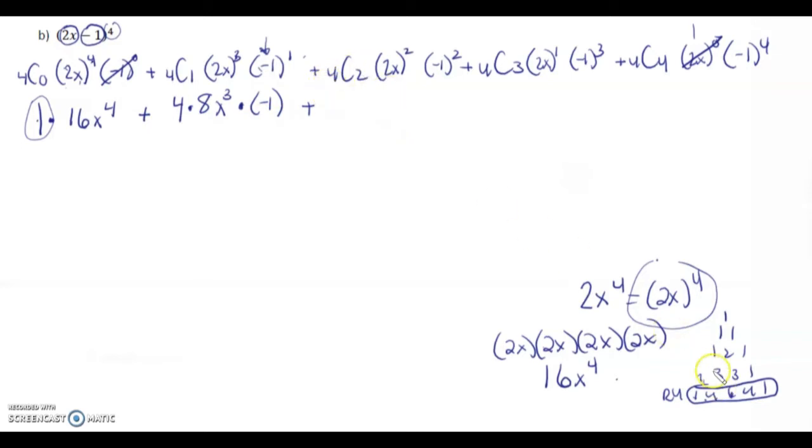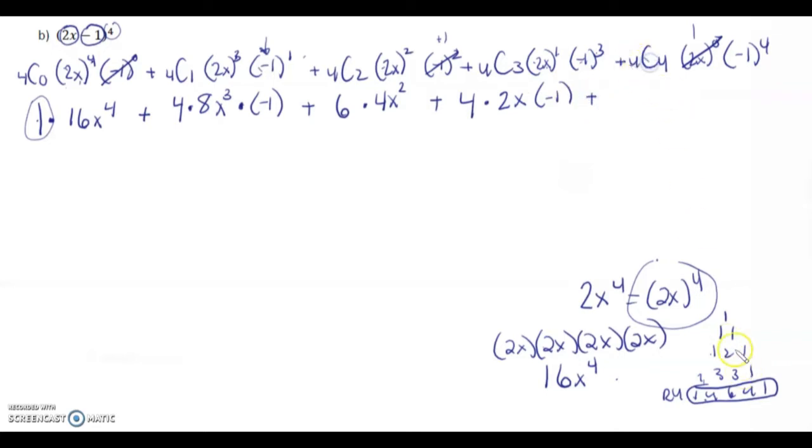Okay, 4 choose 2 is going to be 6 times 2 squared is 4, x squared is x squared. Now, negative 1 squared cancels to a positive 1. I'm going to leave that out. Okay, 4 choose 3 is going to be 4 times 2x to the exponent 1 is just 2x. And then negative 1 cubed is going to leave us with negative 1.